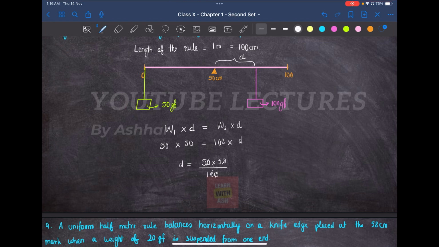Zeros cancel, so it comes out to be 25 centimeter. So I will say it is 25 centimeter from the other end, and this is my final answer for this particular question.